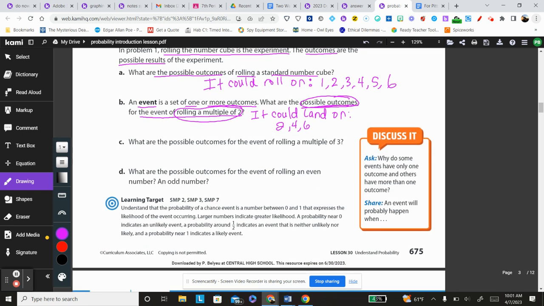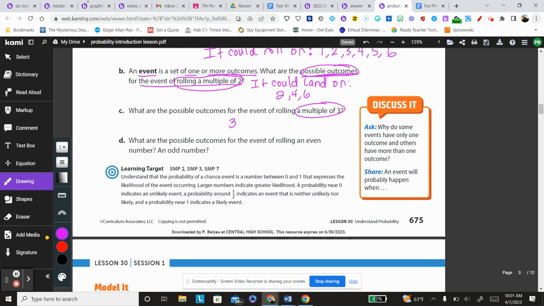What are the possible outcomes for the event of rolling a multiple of 3? 3 and 6. Okay, this is just an introduction. Are we good?